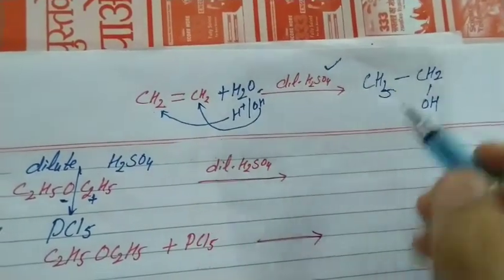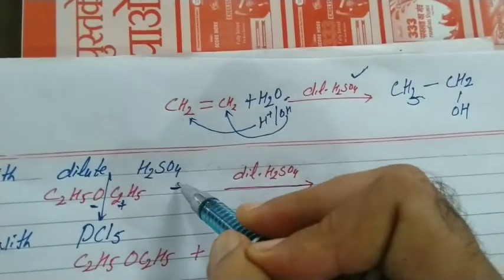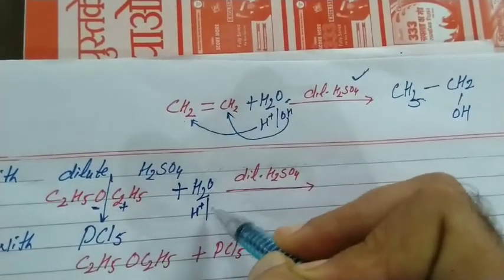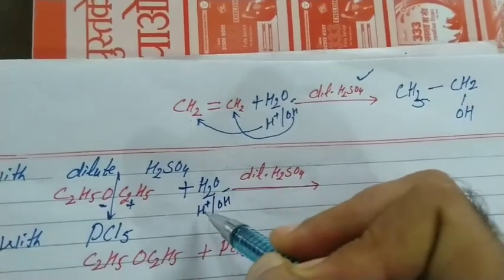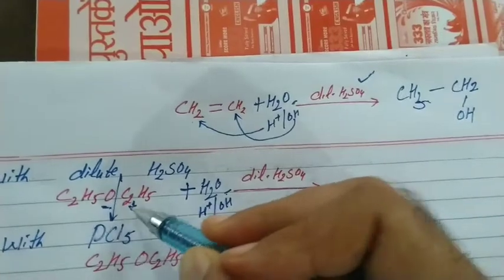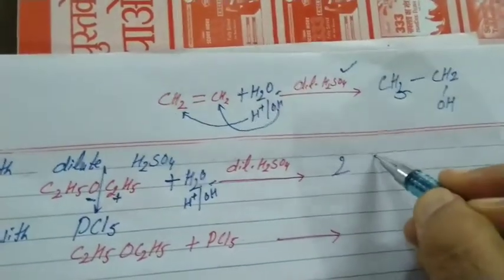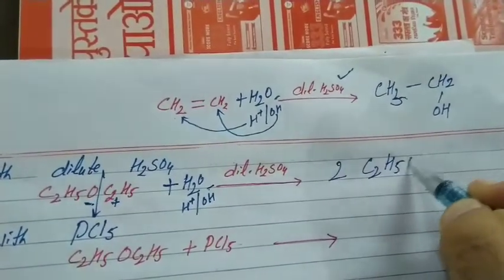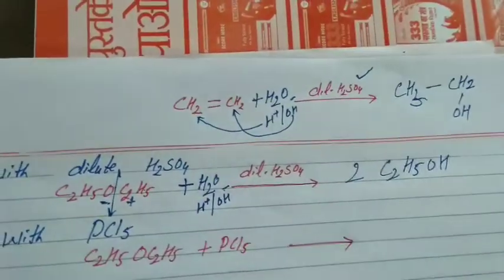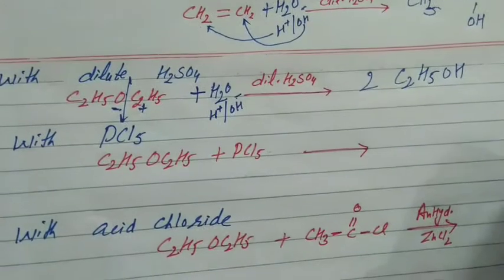Means whenever dilute H2SO4 is mentioned, it is a hydration reaction with water, and you know water contains H and OH. The positive part approaches the negative end and the negative part approaches the positive end. What did we get? Twice of ethanol. C2H5OH and C2H5OH.